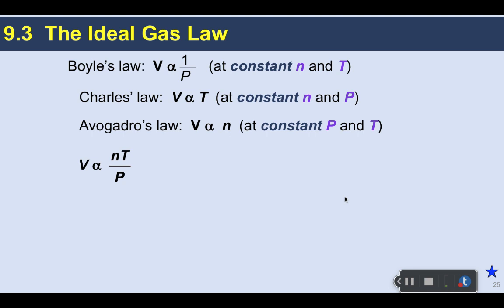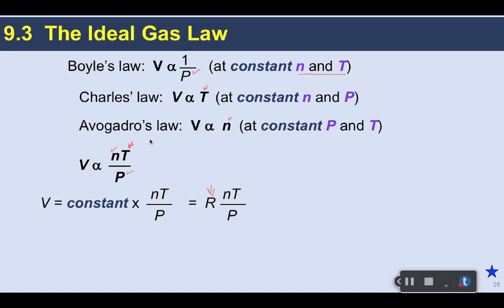If n and T are the number of moles and temperature, the relationship with volume is shown here, proportional to nT divided by P. And that means that the volume is going to be a constant times n and T divided by P, and that constant is going to be given the letter R. So it's directly proportional to temperature, so it's on the top, directly proportional to the number of moles, which is also on the top, and inversely proportional to pressure.